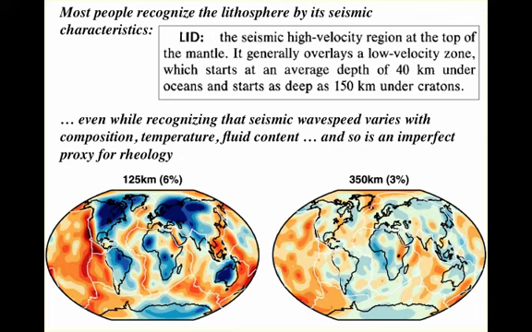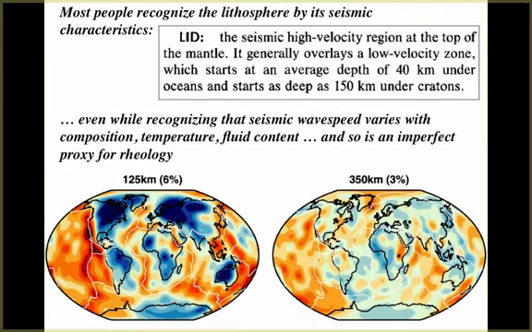But again, if we go back to look at the S-wave velocities at 100 kilometers depth compared to 350 kilometers depth, we see that the continents are well defined at 125 kilometers with the low S-wave velocities, suggesting that those are well within the lithosphere. And at 350 kilometers, we're getting to the bottom or we're below the continental lithosphere.